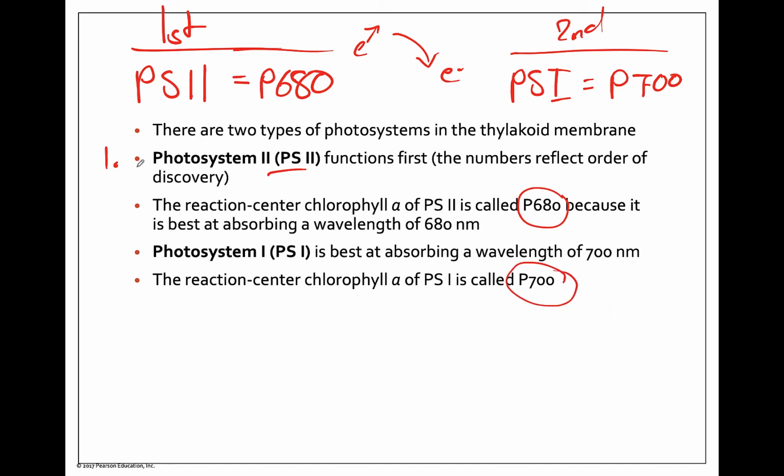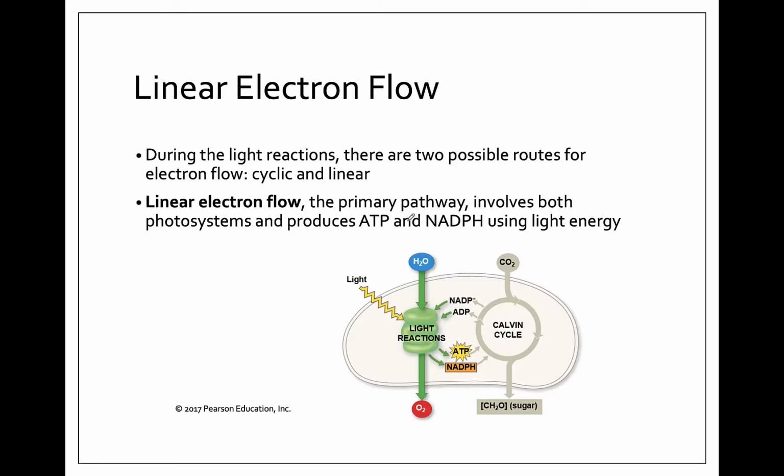So just remember that photosystem 2 comes first, and then photosystem 1 comes second in this whole process of the light reactions. So throughout the light reactions, what we're going to see is called linear electron flow. Linear just means in a straight line, and then electron flow, we're going to be following the movement of electrons. Just like in the last step of cellular respiration, oxidative phosphorylation, we followed the movement of electrons and energy. We're going to do the same thing here.